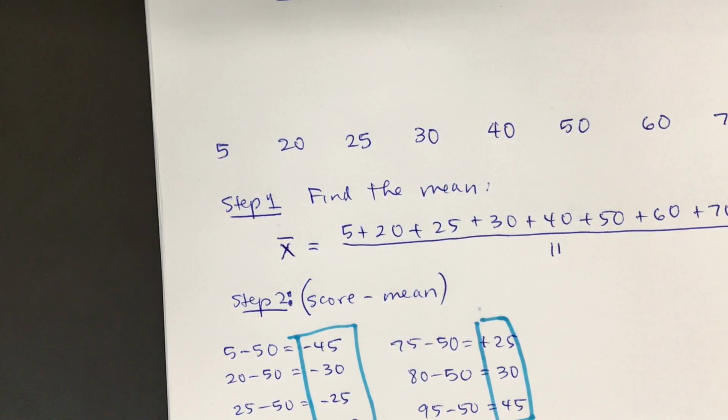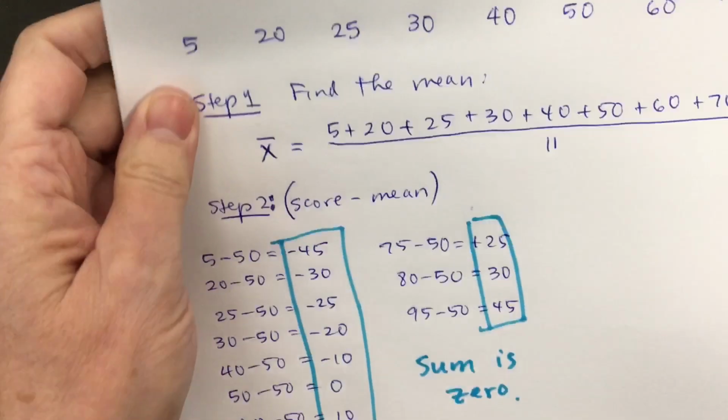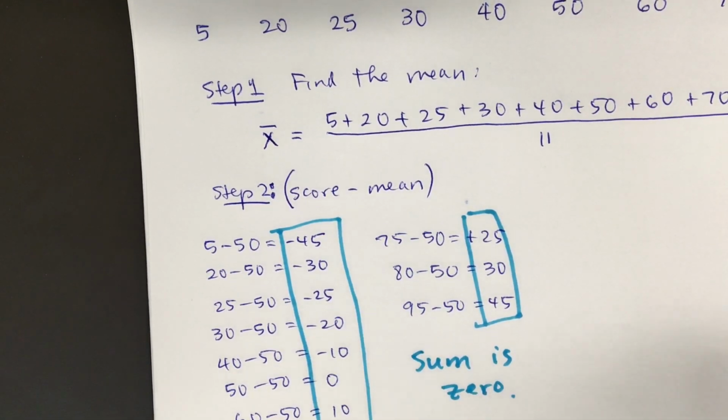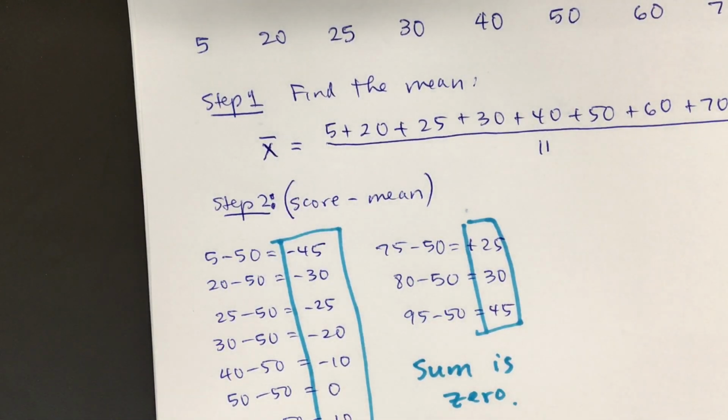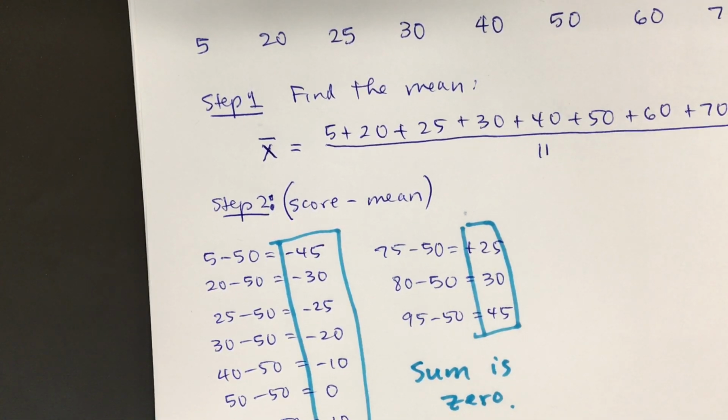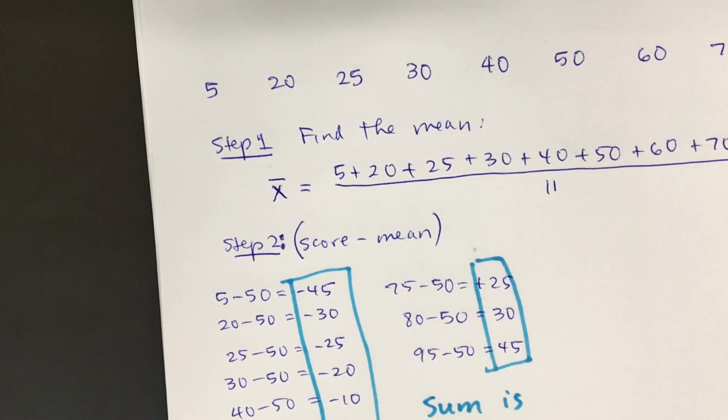A few years ago, I had a student who wrote me an email, and she said, well, I have a mistake in there. I don't know what it is, but I know there's a mistake because I'm not getting 0. I looked at the work and the problem, and it was one of these problems where you got a lot of decimal digits, and because of rounding, she wasn't getting 0, but something really close to 0, like 0.035.